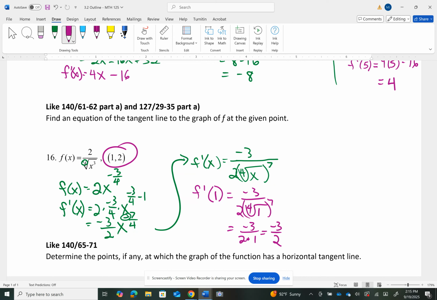Now, in the earlier problems, we were done. But on this question, they asked us for the equation of the tangent line. Well, -3/2 is the slope of the function at the point 1, 2.